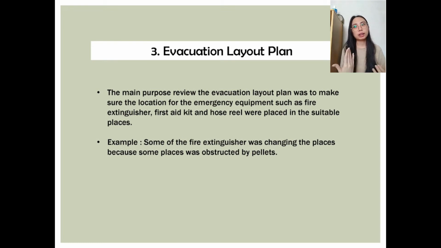When they put the obstructions in front of the emergency equipment, they didn't realize that it has any effect. So my job is to avoid any obstructions in front of the emergency equipment.